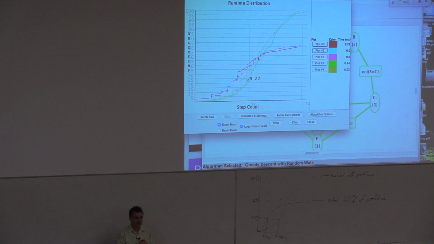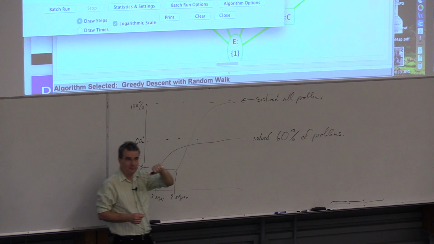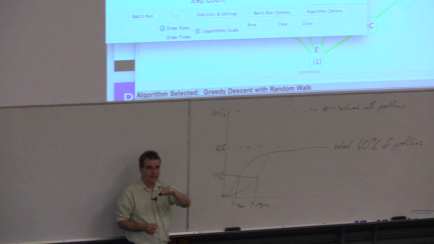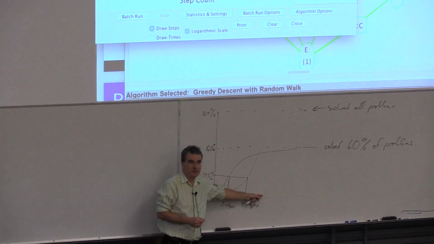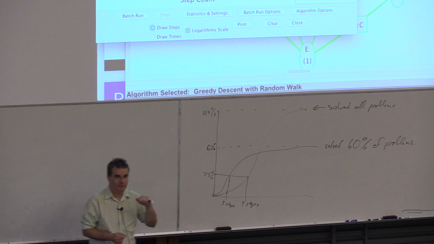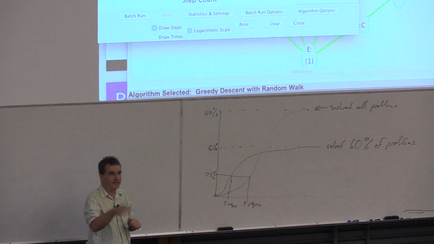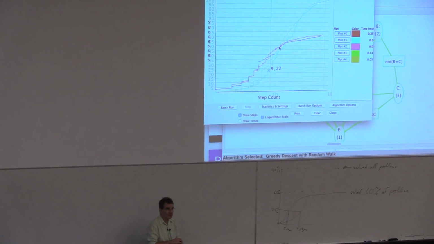So this is the distribution of the number of steps to solve the same problem. We haven't changed the problem, we're just running the algorithm a different number of times. Okay, any questions about that?